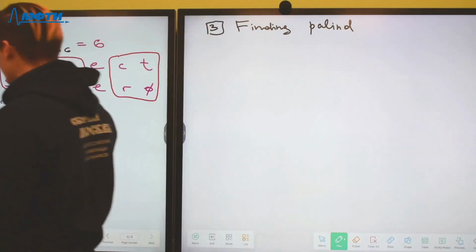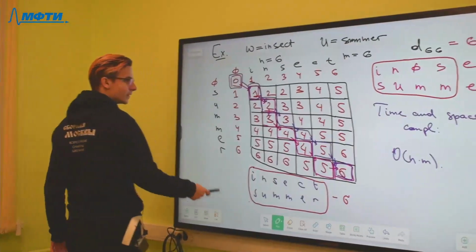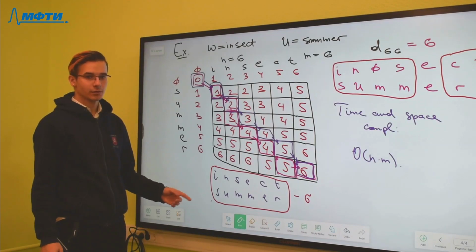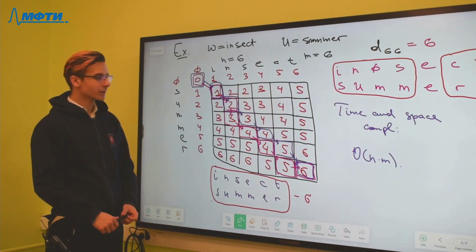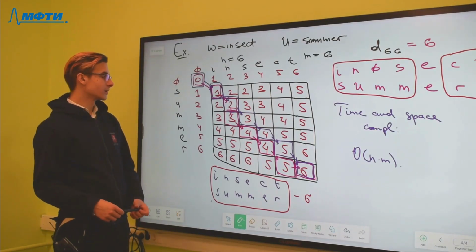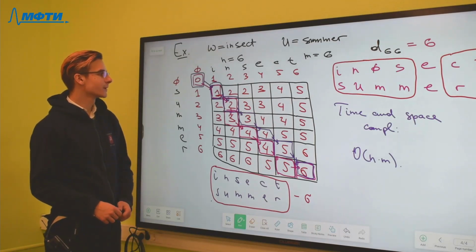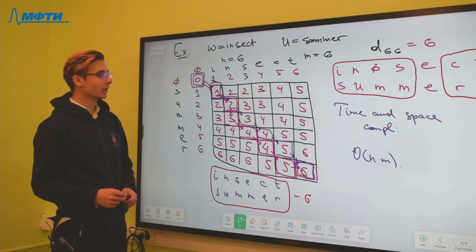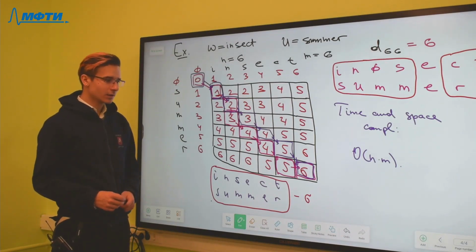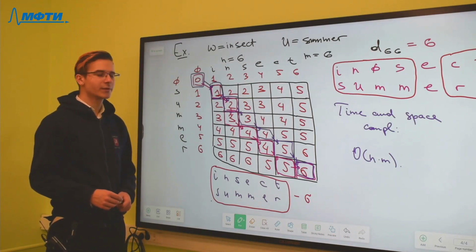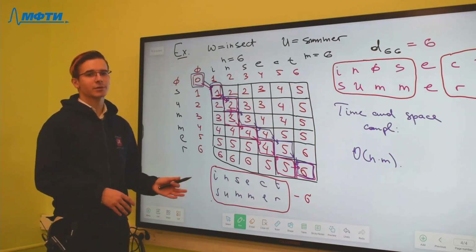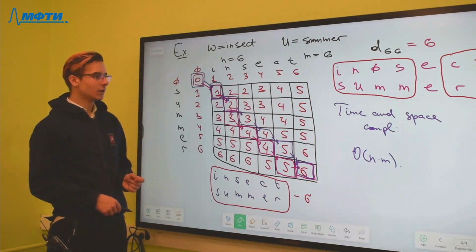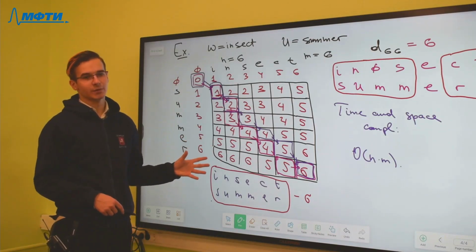Because you can see that we need to use a matrix to store the information. It's known as two-dimensional dynamic programming, and I think there is no difference between one-dimensional and two-dimensional. It's only about storing and about visualization of this program.